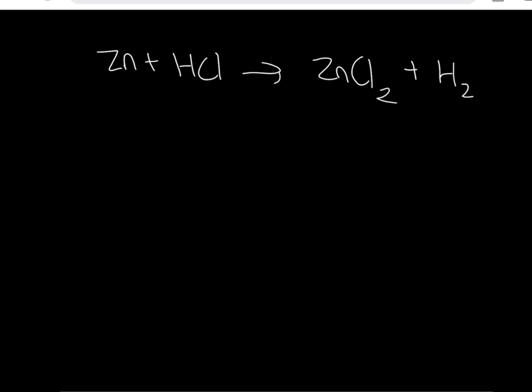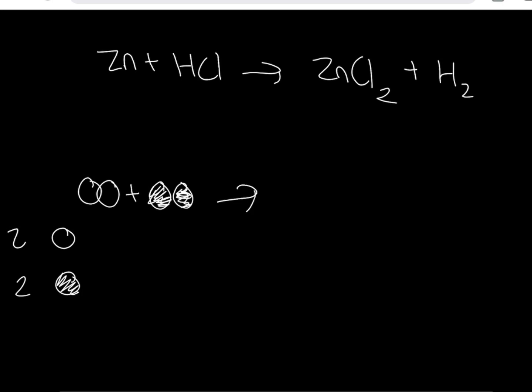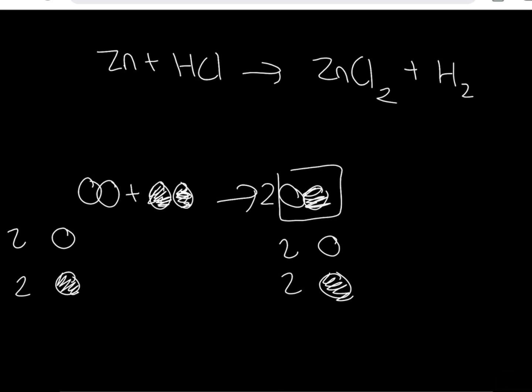For example, let's say I have 2 white atoms and 2 shaded white atoms. When these react with each other, I should get the same amount of atoms.